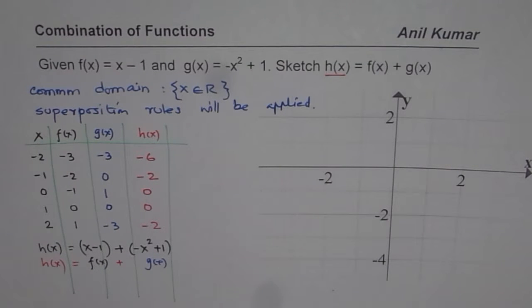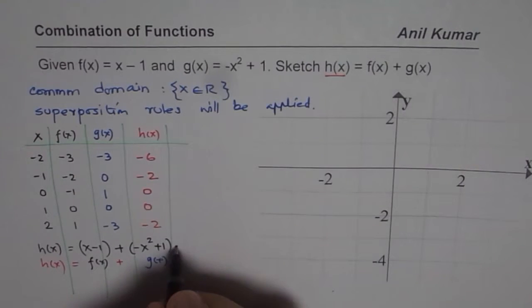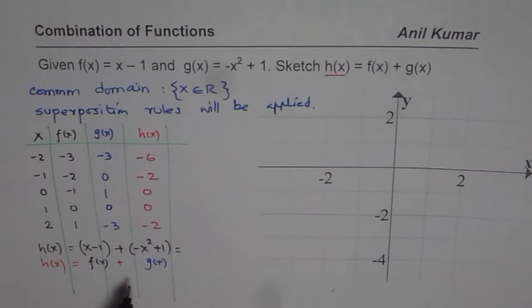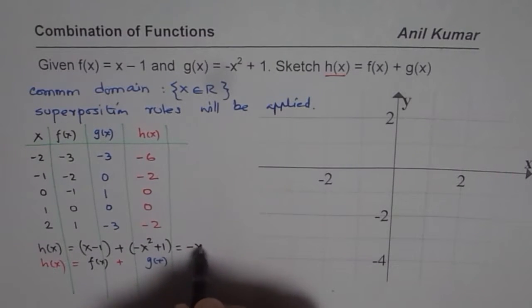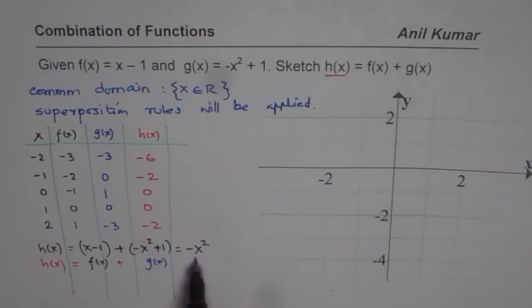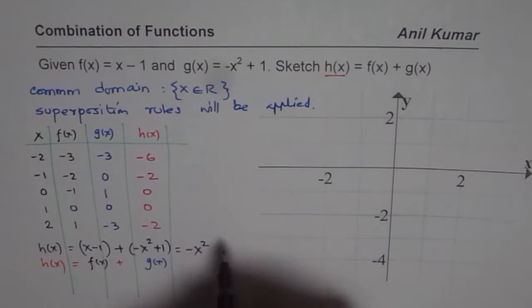Let me just expand this expression and combine the like terms. If I combine the like terms, what do I get? I get minus x squared. I'm writing them in a particular order, and it is good to write with decreasing orders of exponents, so that's the highest order. Then plus x.